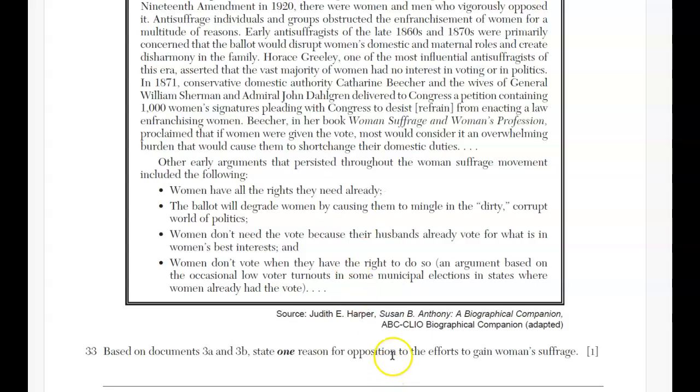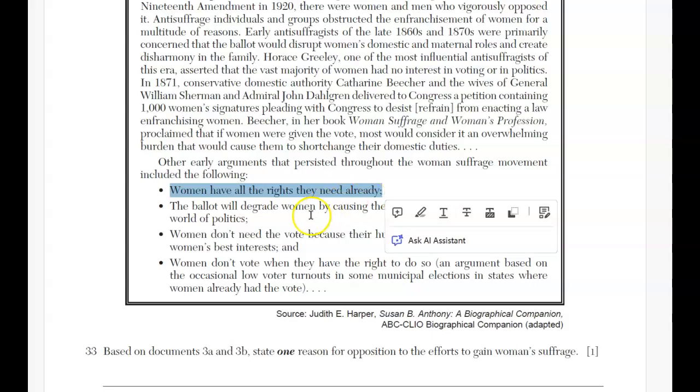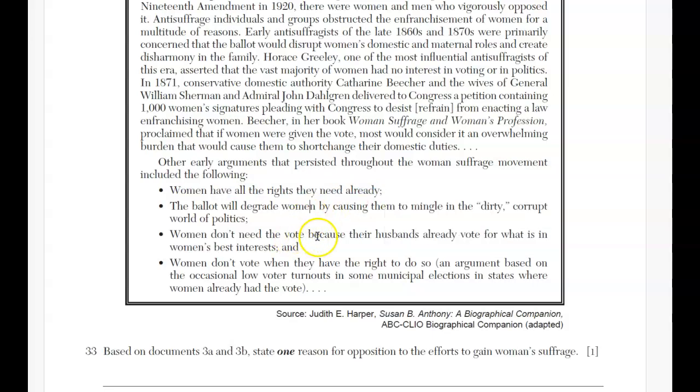So you're stating the reason for their opposition. It's not a fact. These are the opinions of people who were against women's right to vote. So it's not a statement of a fact there. You can't state it as a fact. It's the opinion of this group of people. That's how you have to put it. Some people thought that women didn't need to vote because their husbands already vote for what is in their interest. That you could write. But don't just write one of these lines.